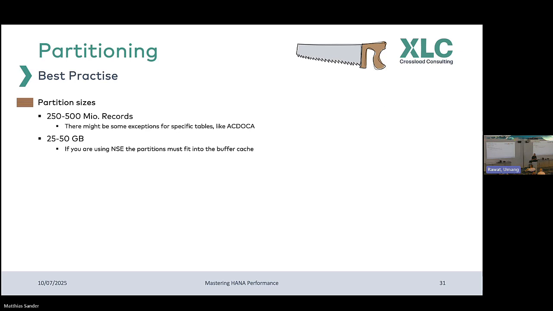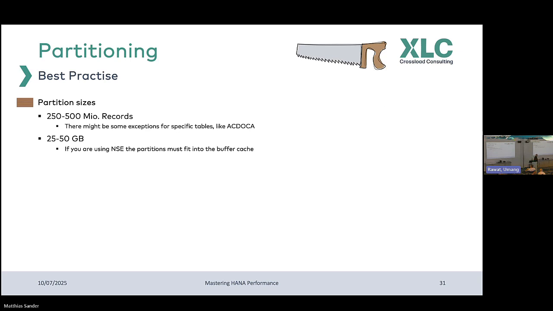For ACDOCA, it could also be 1 billion records, so there might be some exceptions for specific tables. But normally we use around 500 million records per partition, and it should be around 25 to 50 gigabytes. So one of the rules should apply to the table.